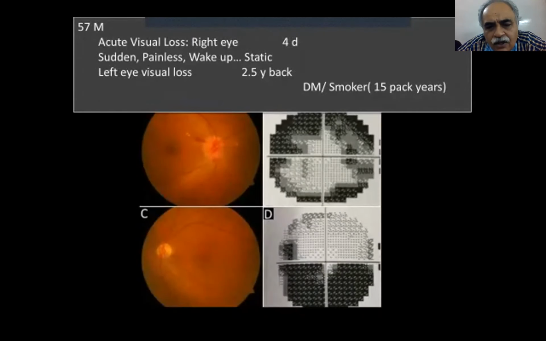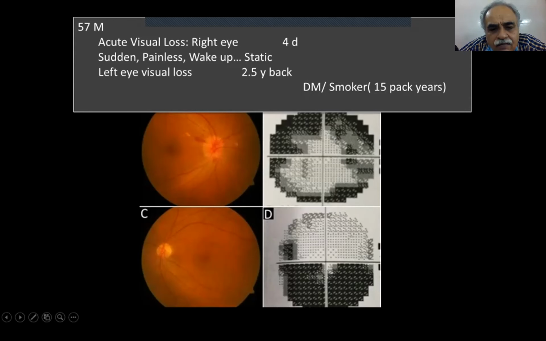And when you look at the disc, you will notice one thing which stands out. It's a flame-shaped hemorrhage. Now, notice that if you are having a flame-shaped hemorrhage in a patient who has got disc edema, the odds are that 90 times out of 100, it is going to be AION.